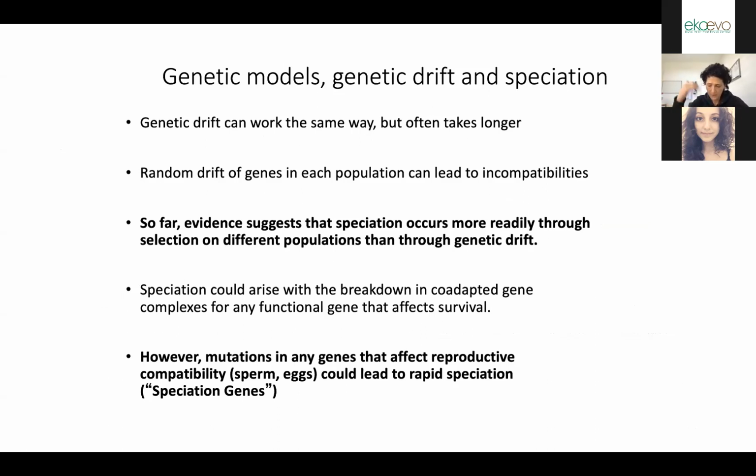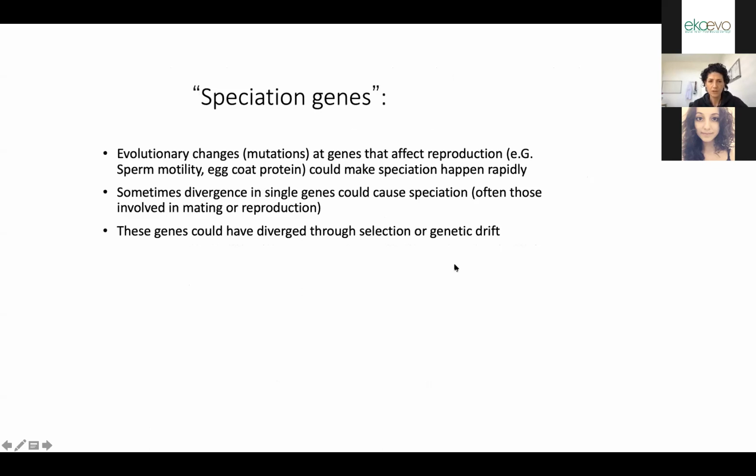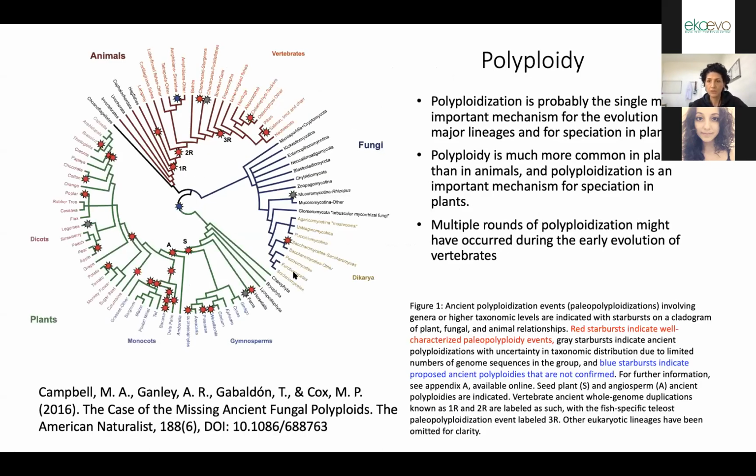When a mutation affects the reproduction process, of course, it can decrease the gene flow between different populations. So this can increase speciation. We can say that this kind of mutation increases the probability of speciation.